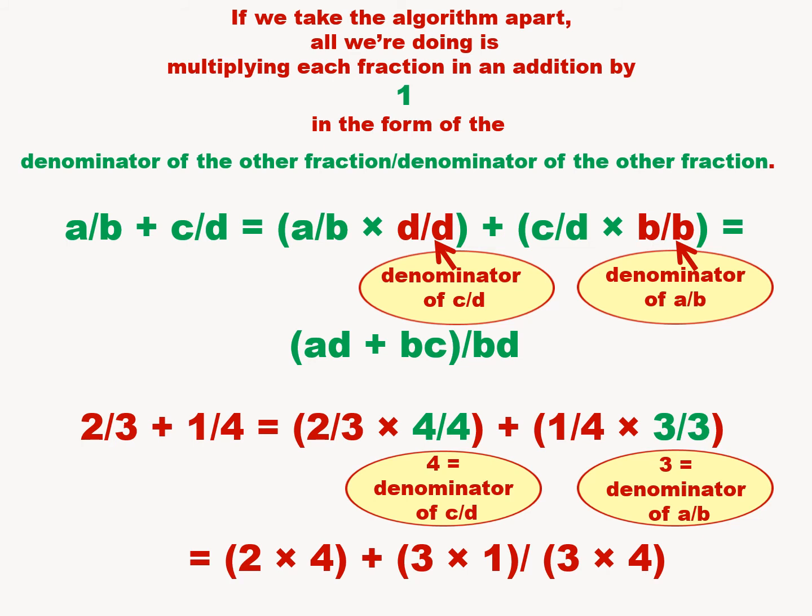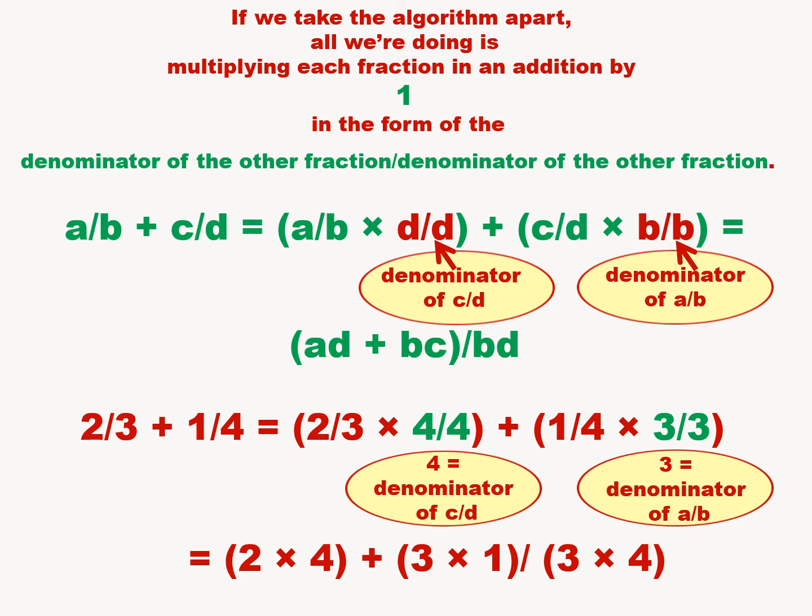I think maybe we should look at this in number form. Let's add 2/3 and 1/4. Well, according to the algorithm, we will multiply 2/3 by 1 in the form of 4/4. And then we will multiply 1/4 by 1 in the form of 3/3.